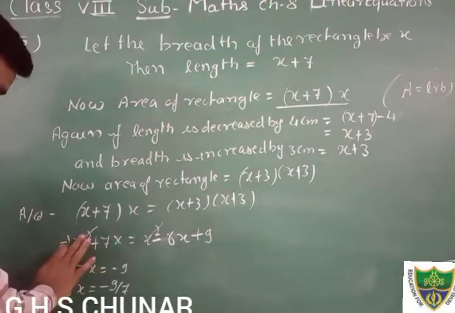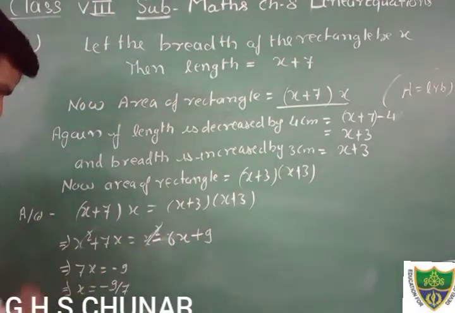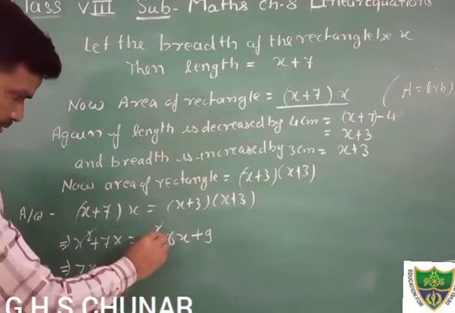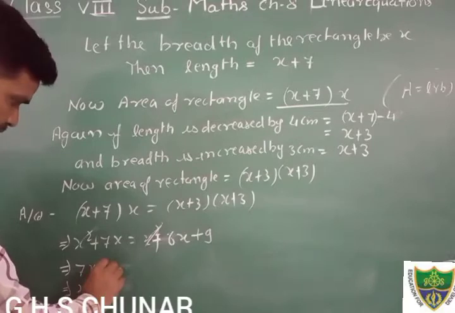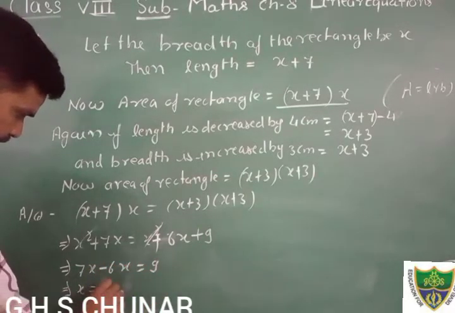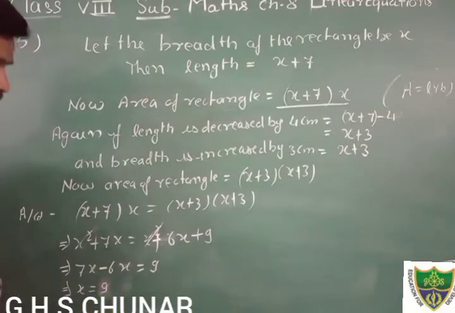When you solve that, x square is cancelled by x square. That is 7x minus 6x is equal to 9. This will be x is equal to 9.